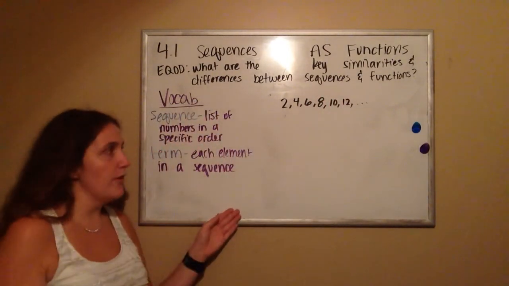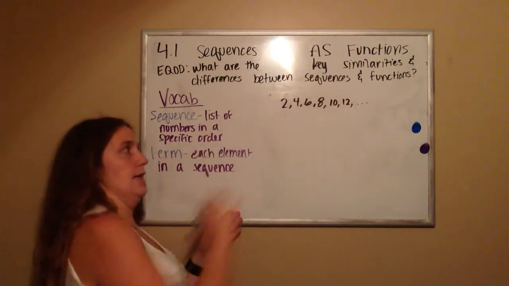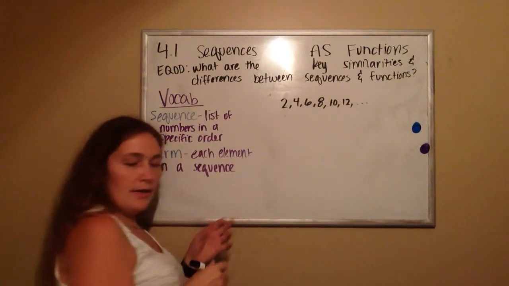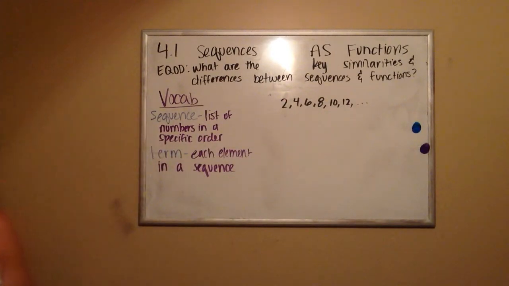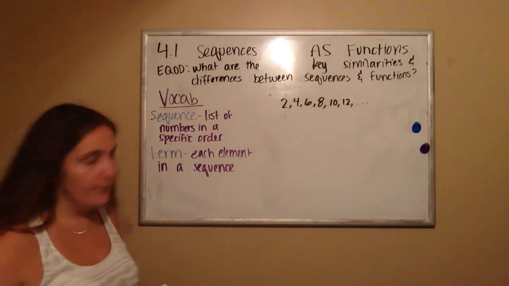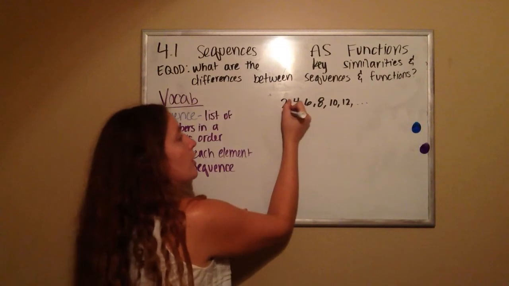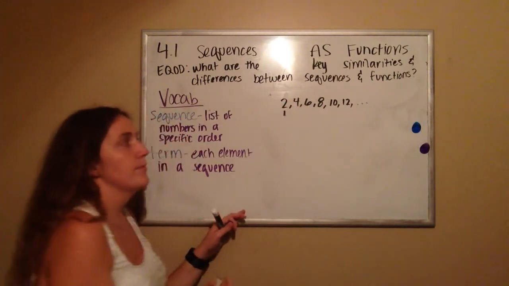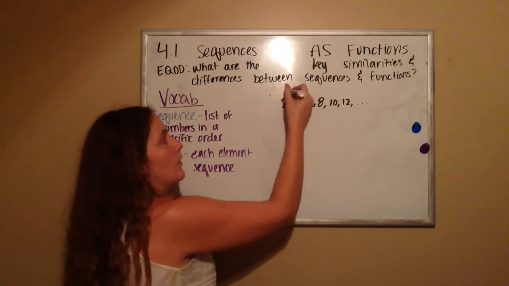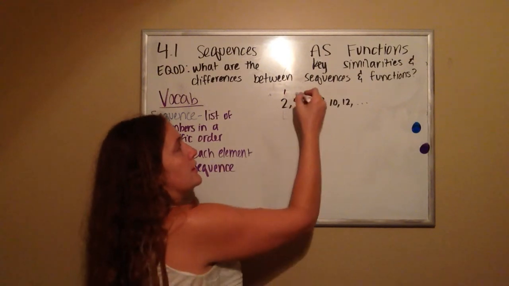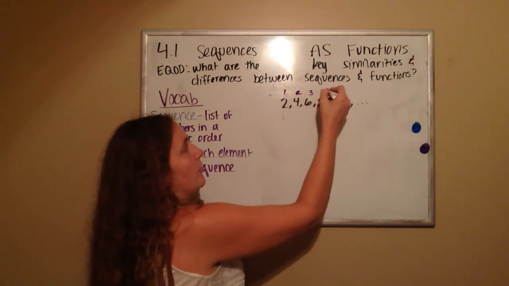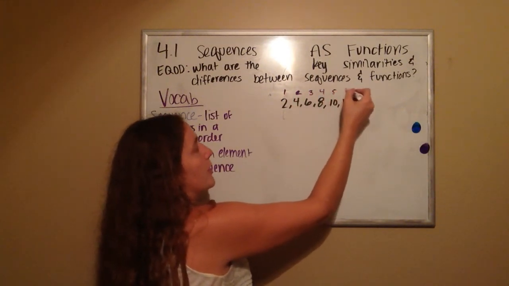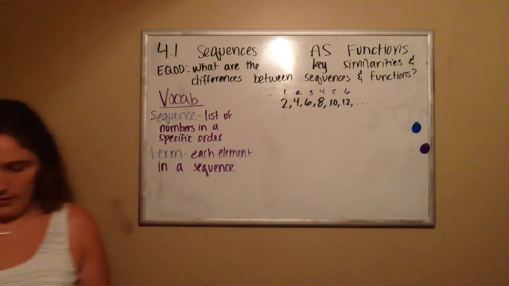Okay, we can keep counting forever, but we're just going to put those dots to represent and so on. And we're going to think about this sequence has a bunch of terms. And we're going to think, okay, 2 is our first term. 4 is our second term, our third term, our fourth term, our fifth term, our sixth term in the sequence.